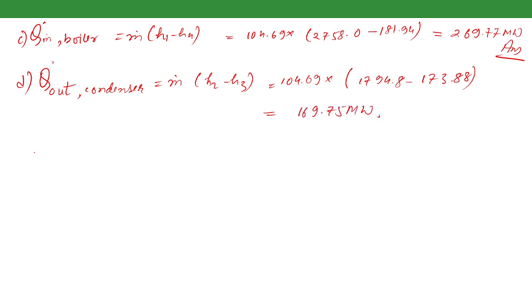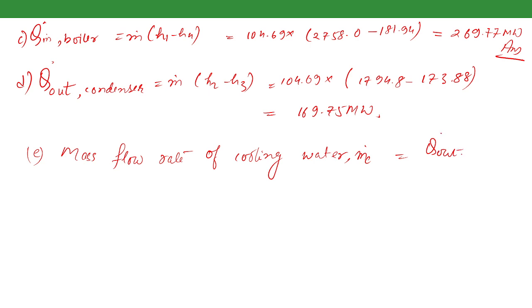And what is the mass flow rate of the cooling water? The heat lost in the condenser is the heat that is being carried away, and this is the enthalpy change of the cooling water, that is m c (T out minus T in).